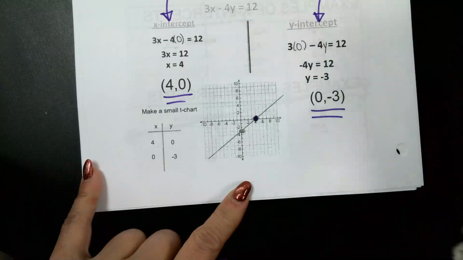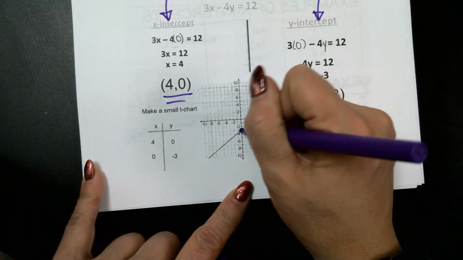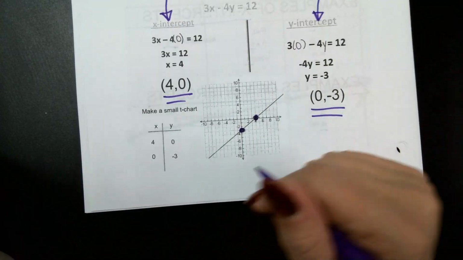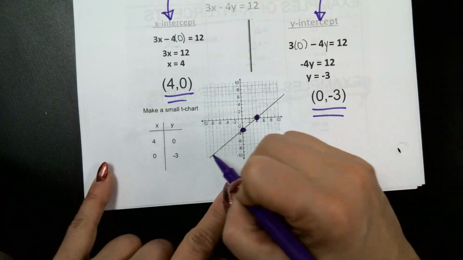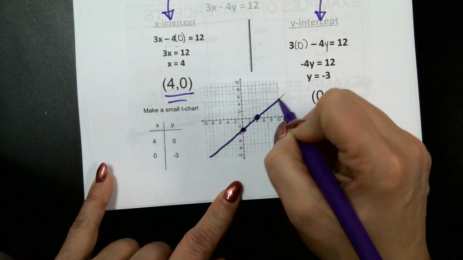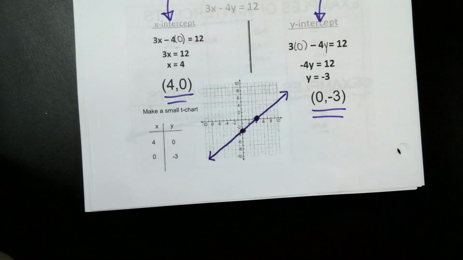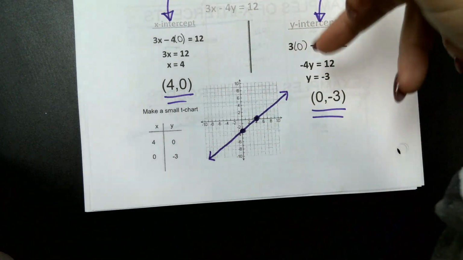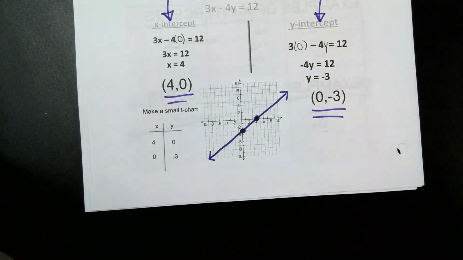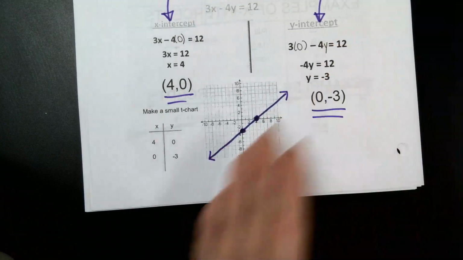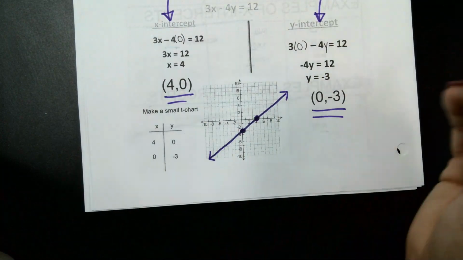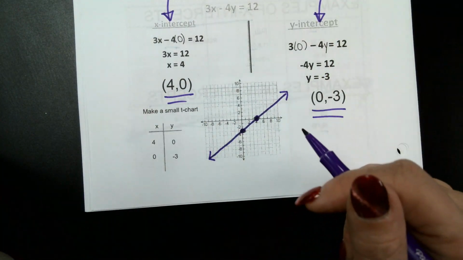Then you would go to the -3 on the y-axis, and then we would just put a ruler down and connect them. Now, previously when we had done some graphing in here, did I ever let you guys only graph 2 points? No, not if more fit. If we are graphing using the intercepts, there's only 2 intercepts. So at that time, you could then just plot those 2 and be done. But that's the only time.